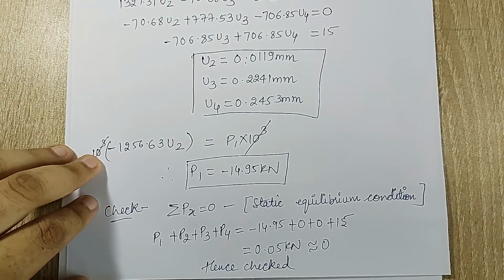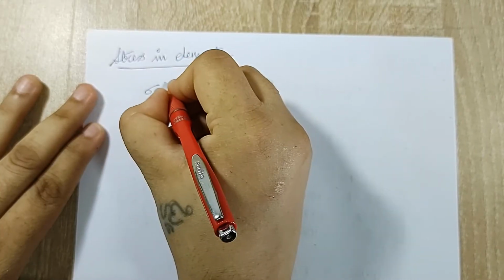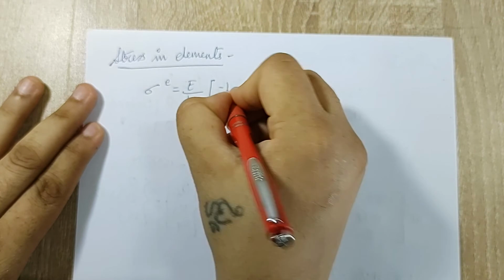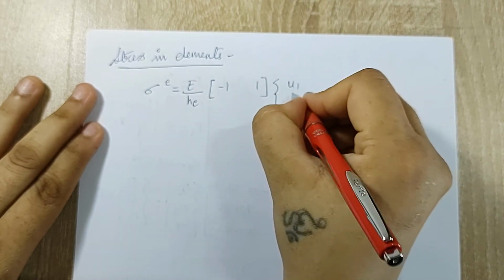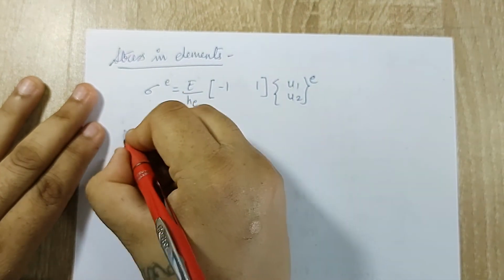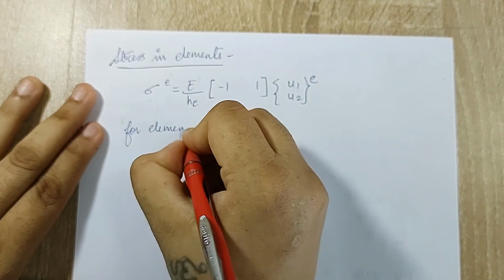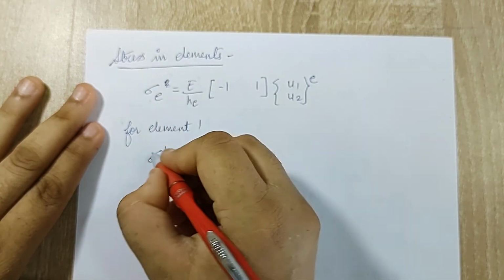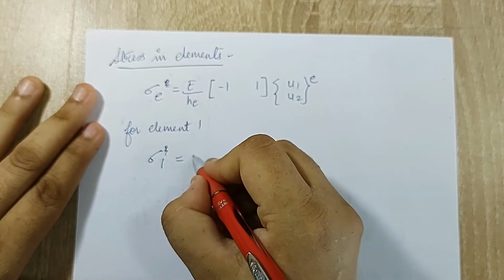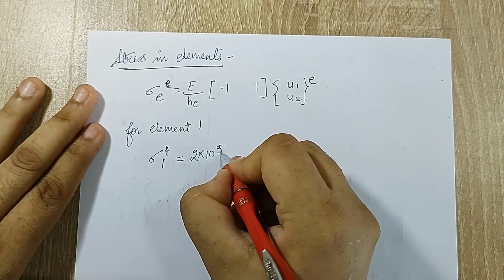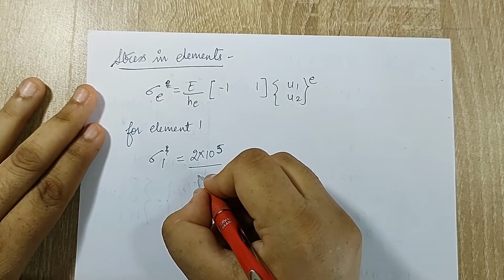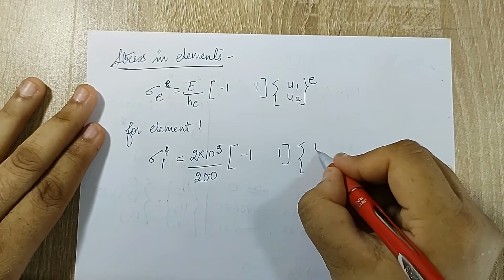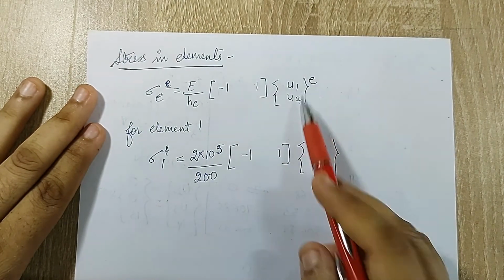Now I need to calculate the stresses in these three elements. The formula is sigma raised to e is equal to E upon L e, into minus 1, 1, times U1, U2 raised to the element number. When I am solving for element 1, this is sigma 1. The value of E is 2 into 10 raised to 5, upon L e is 200, minus 1, 1, and the values are U1, U2, because element 1 is between node 1 and 2.